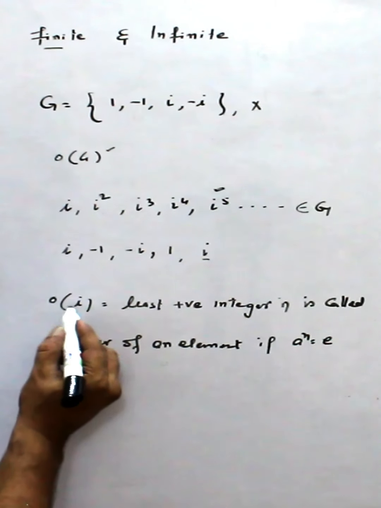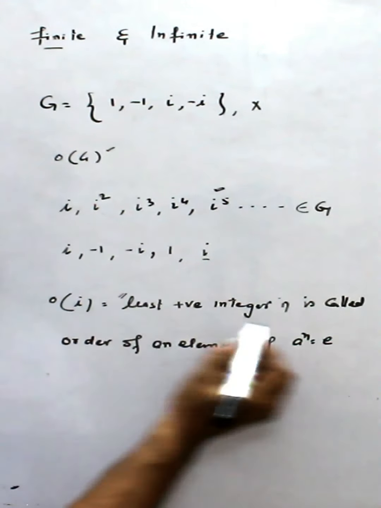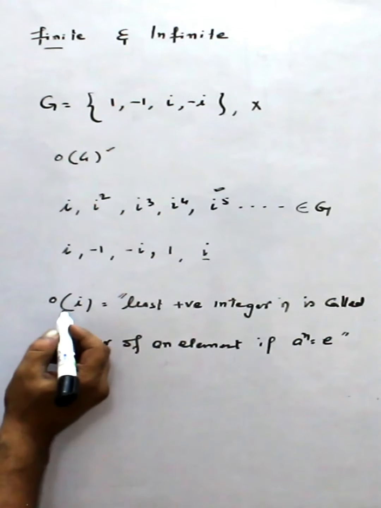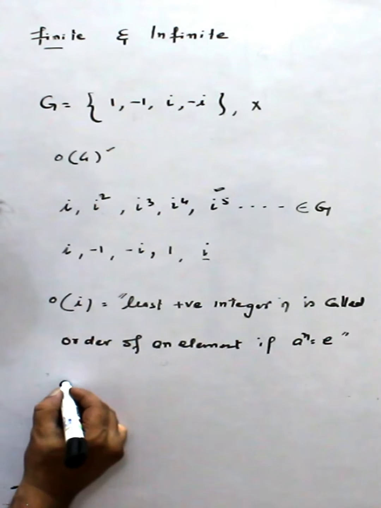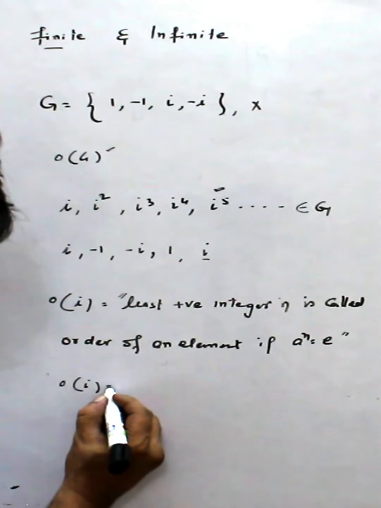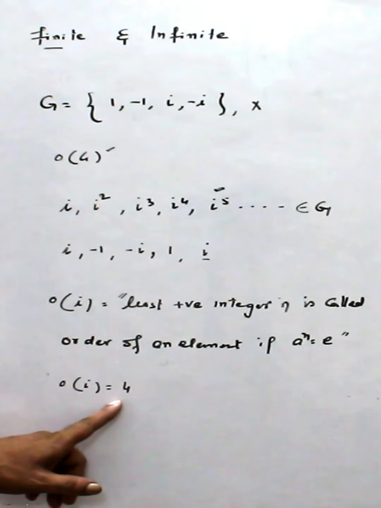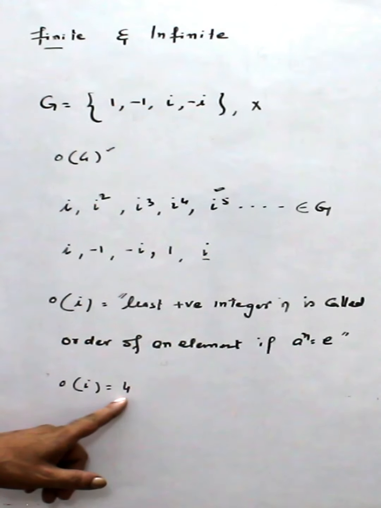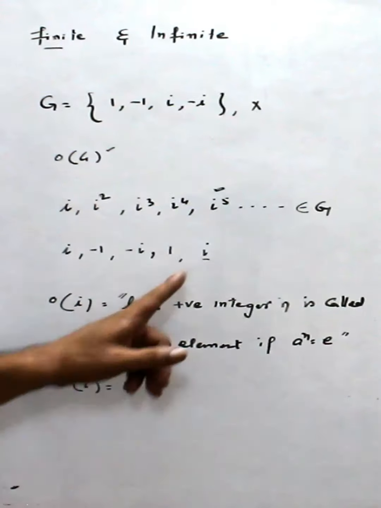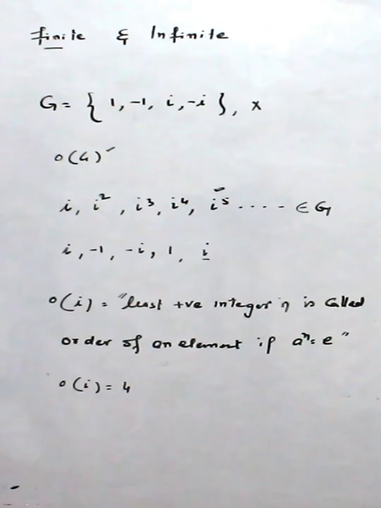Now this is the definition. In the case of I, the order of I is 4 because no number smaller than 4 can make I to the n equal to identity.